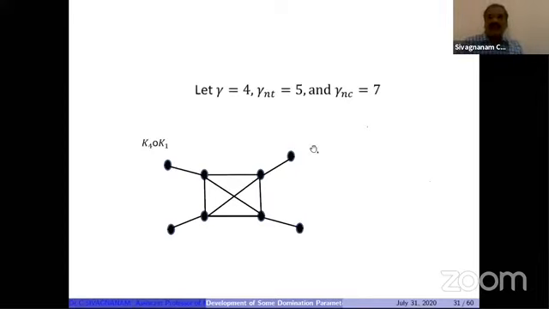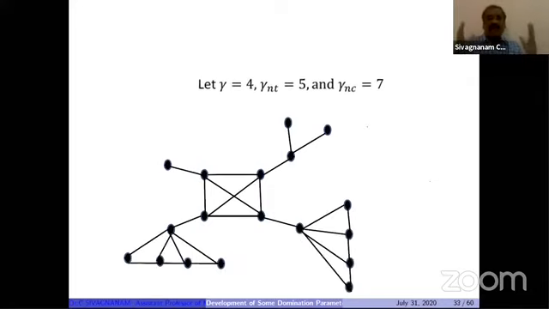Because 5 minus 4 is 1, we join these two vertices. After that, we look at gamma nc equal to 7. 7 minus 5 is 2. So of the remaining 3 pendant vertices available in Ka corona K1, only 2 vertices we consider. On these 2 vertices, we add P4. So now we get this graph.